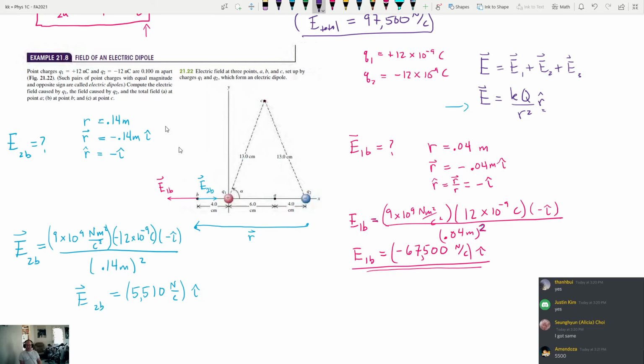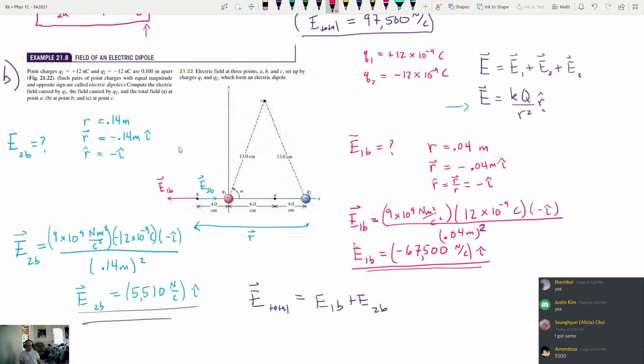We also need to find, what did it say? Electric field caused by Q1, the field caused by Q2. We got those two there, right? And the total field. So this is part B we're doing here. The total field will be E1B plus E2B. I noticed that I dropped my vector symbol.